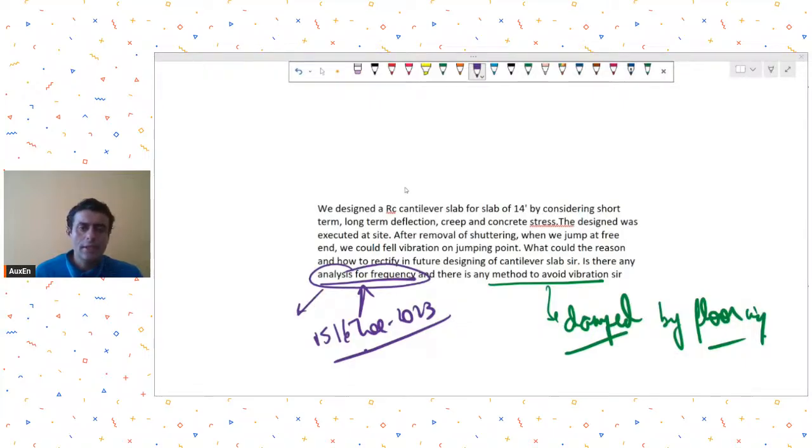And then he has given some provisions that frequencies should be maintained above or below a certain value. So perhaps you could refer to those guidelines. But in a cantilever slab, there will always be vibrations that you will feel. So you do these additional checks for the slab in future, maybe.